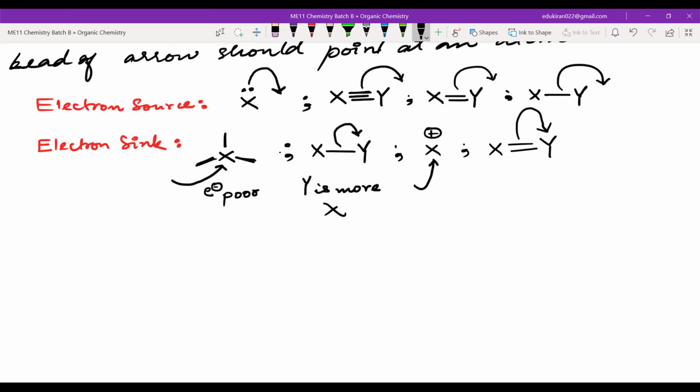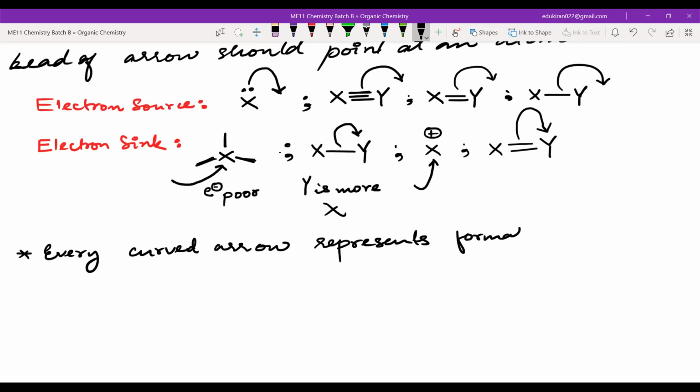Okay, we write one more point, that is every curved arrow represents formation and/or breaking of bond. Rather, wait a second.